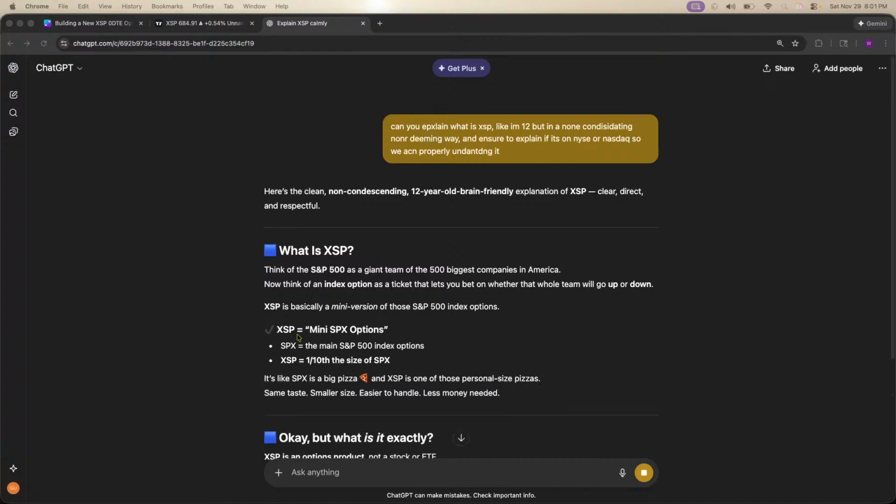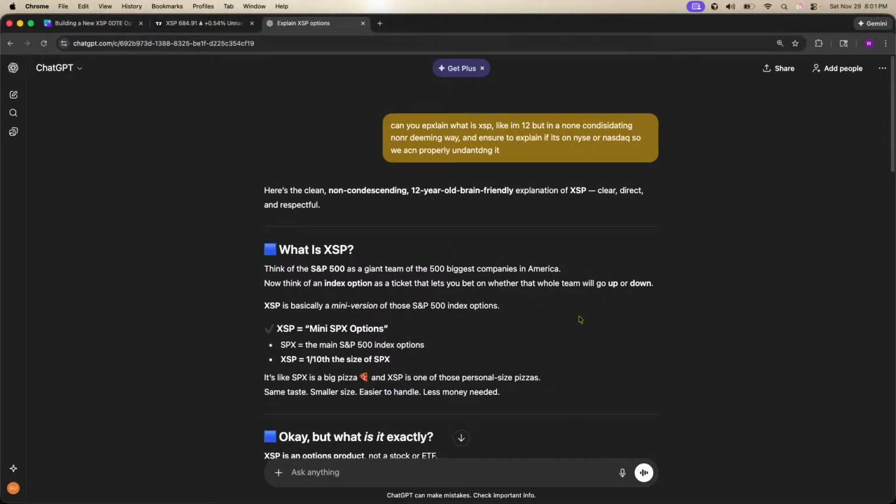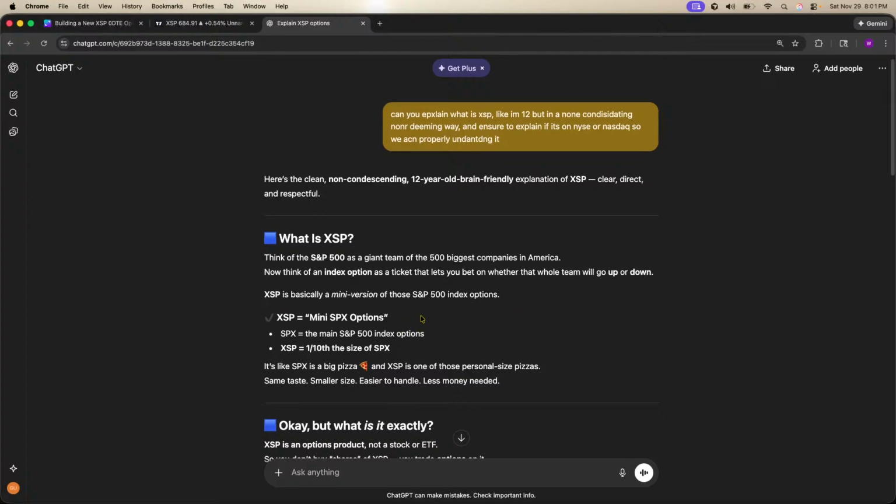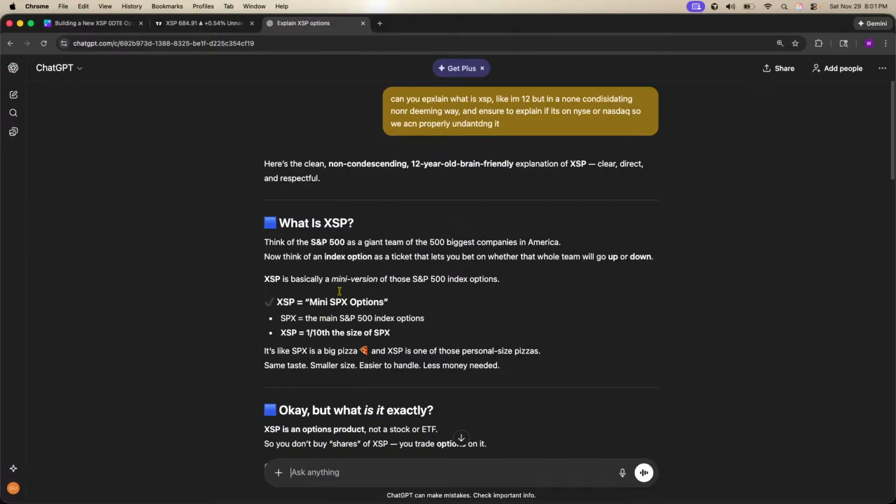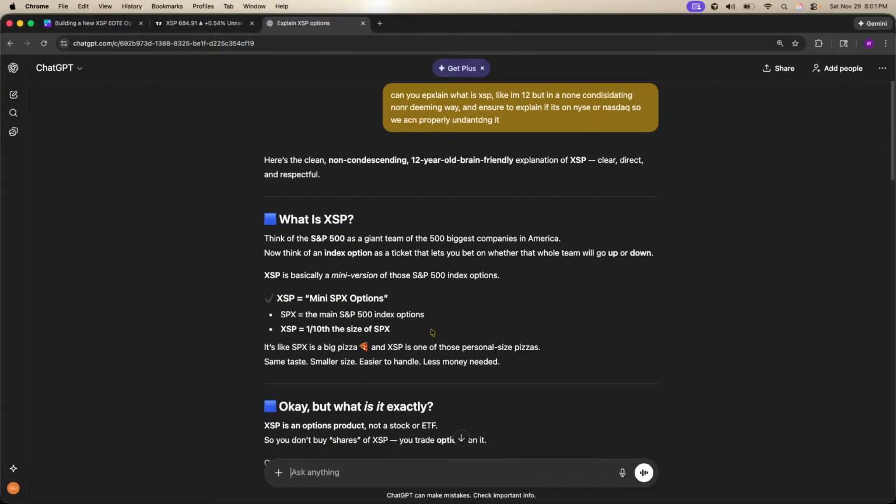All right, perfect. So what is the XSP? Think of the S&P 500 as a giant team of the 500 biggest companies in America. Now think of an index option as a ticket that lets you bet on whether the whole team will go up or down. XSP is basically a mini version of the S&P 500 index. XSP is a mini SPX option.